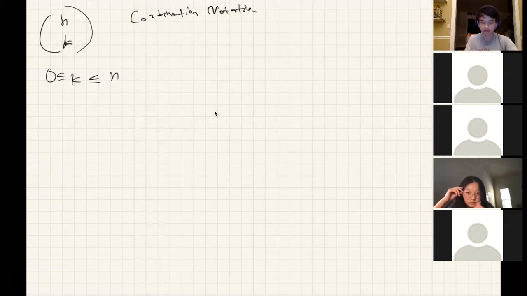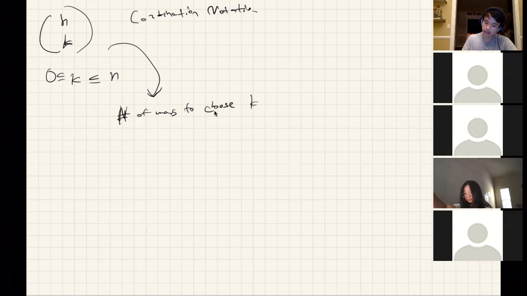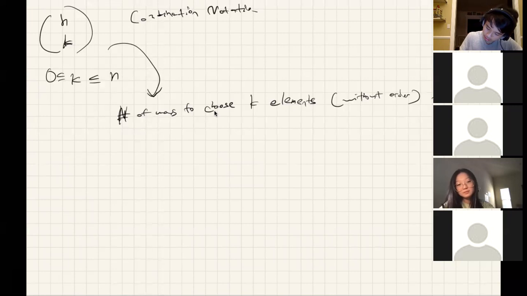There are many ways to interpret this combination notation. The best way of thinking about it is the number of ways to choose k elements without order from a total of n elements.